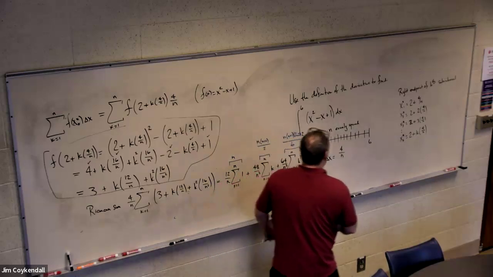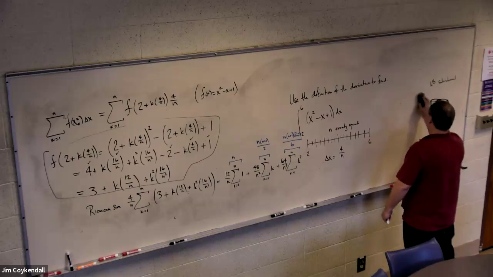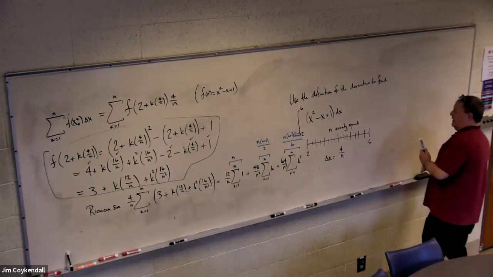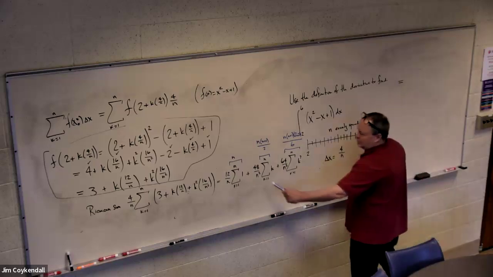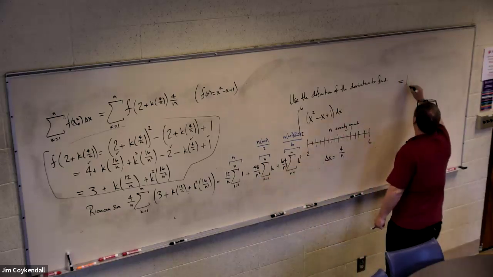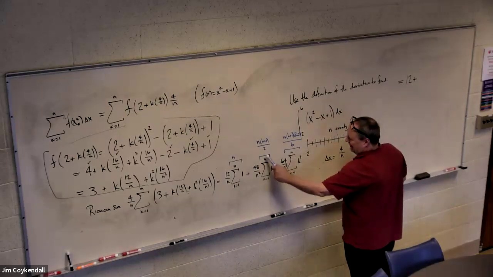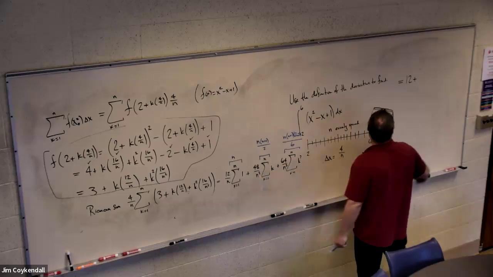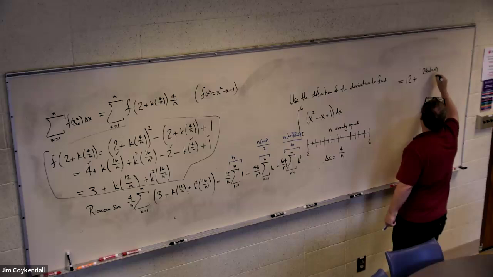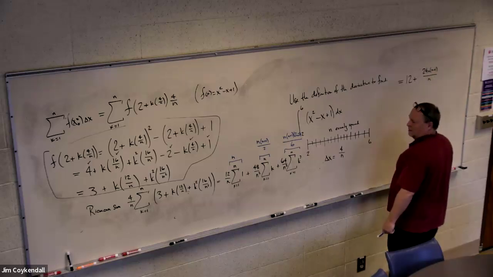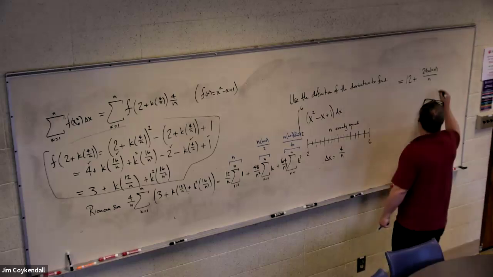So if I clean this up a little bit more, what I get is 12 over n times 12. Let's see, I can cancel the 2 with this 48, so I get 24 times n plus 1 over n squared.